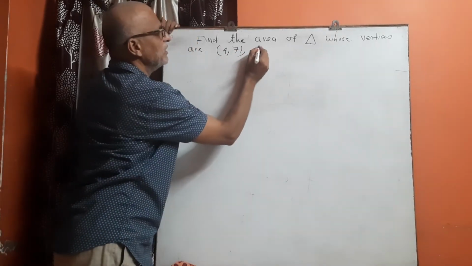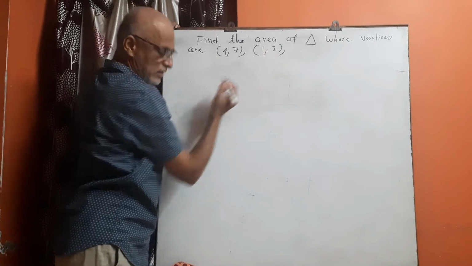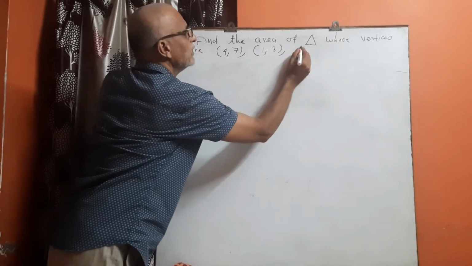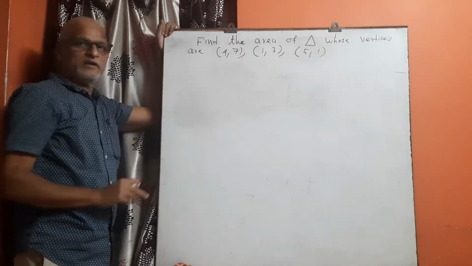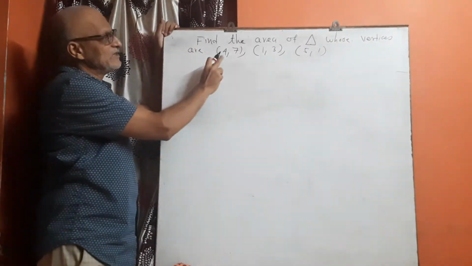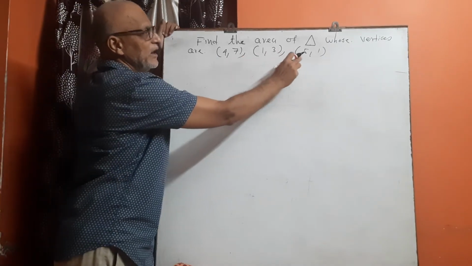Second one is 1, 3, and the third one is 5, 1. We have to find out the area of triangle with the vertices 4, 7, 1, 3, and 5, 1.